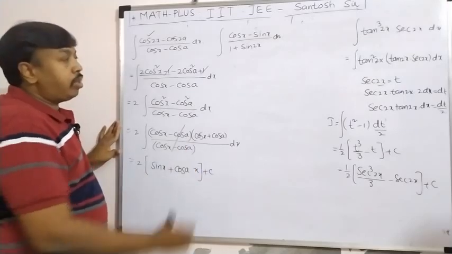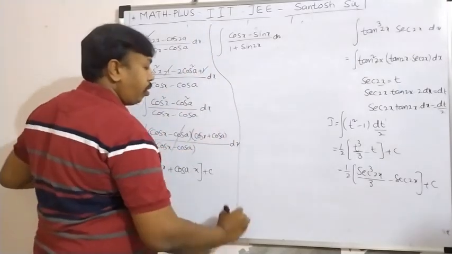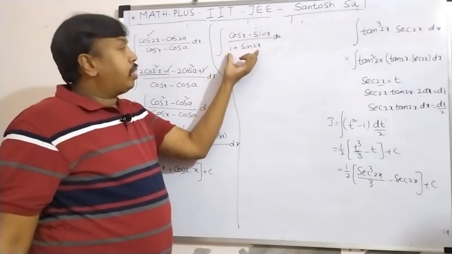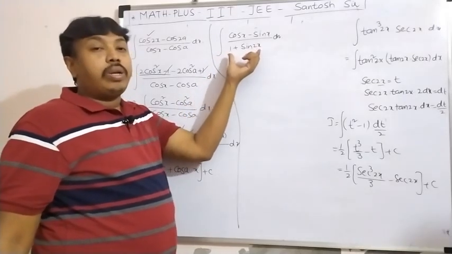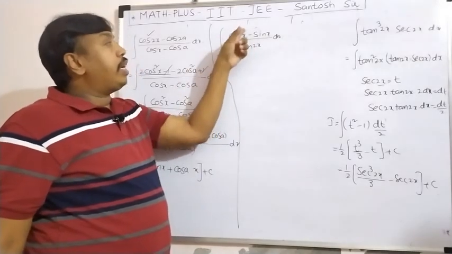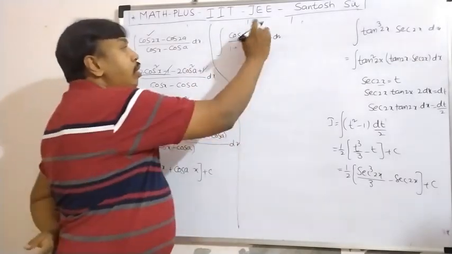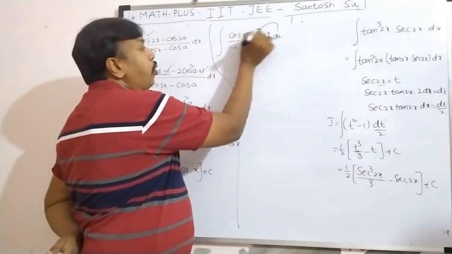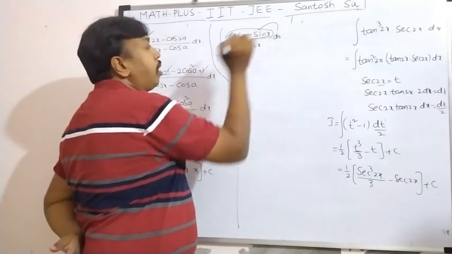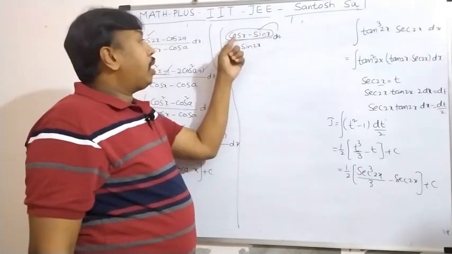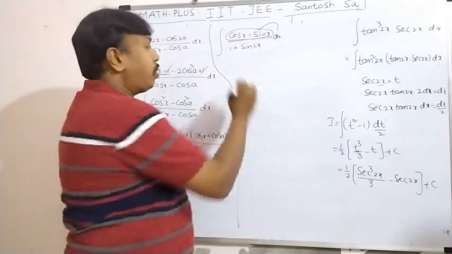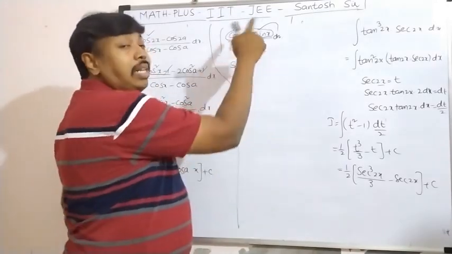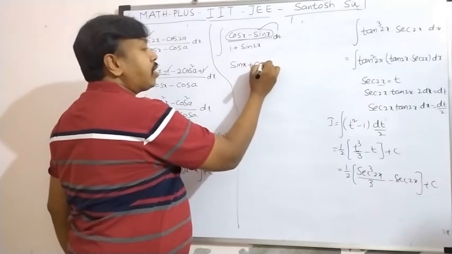Very simple this is. Now if you study trigonometry properly, then you will get that this function can be converted into some small function which is related to the numerator. See, if you observe very nicely, here the numerator is the derivative of which function? Cos x is the derivative of sin x, so sin x, minus sin x is the derivative of plus cos x.